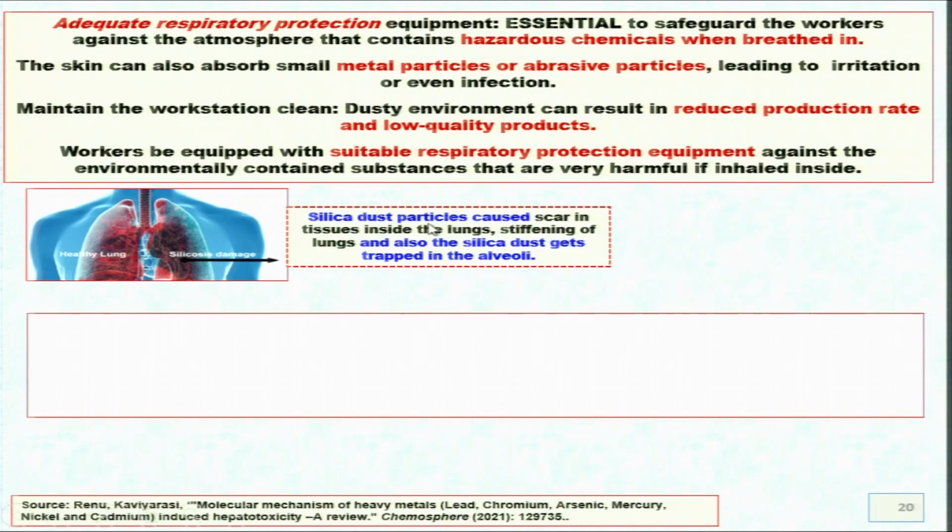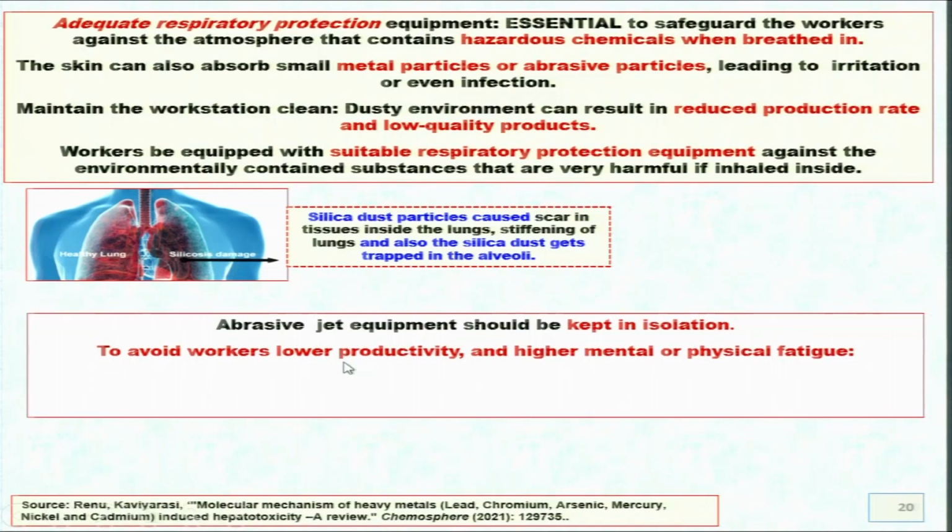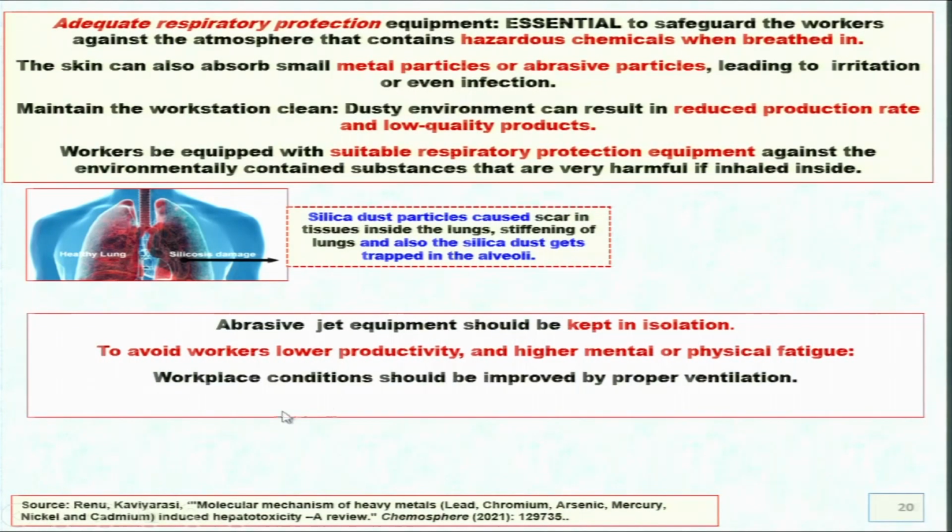So silica dust particles cause scars in tissues inside the lungs, you can see over here, stiffening of lungs, and also the silica dust gets trapped in the alveoli over here. So abrasive jet equipment should be kept in isolation to avoid workers' lower productivity and higher mental or physical fatigue.